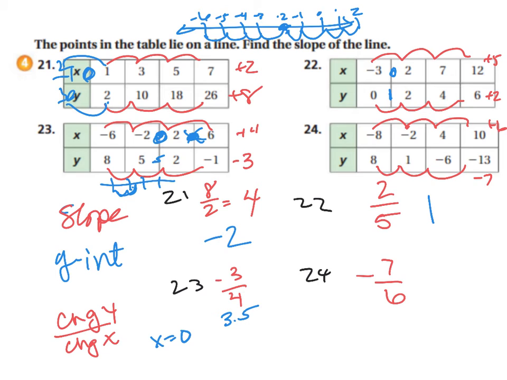Then, number 24, 0 would be in between here. And again, we're going to have to kind of do a number line. So I got negative 2, negative 1, 0, 1, 2, 3, 4. And 0 would be right here. So this one is going down by 7. So we're at about 2/3 or a third going this way.